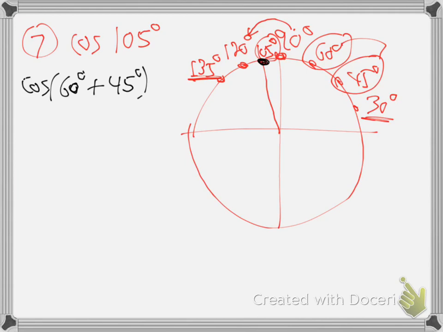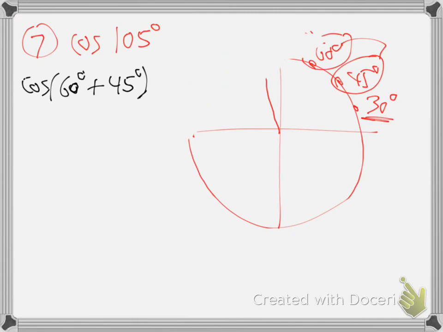So then I can just use the cosine of two angles added formula. And I'll be able to get the 60 plus 45, which is the original 105 they wanted me to find. All right, are we ready? So we'll dive into it. Go ahead and use the cosine formula now. I'll let you do the next step.